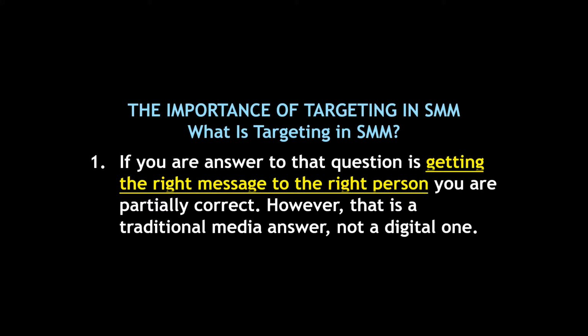correct. It's a term that we've used in more traditional media, in TV and in radio, even in certain types of print media. And that's a very important sort of thing. But there's more to it when we're talking about the digital landscape.